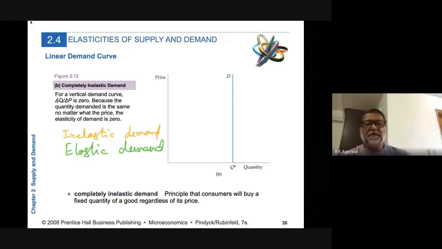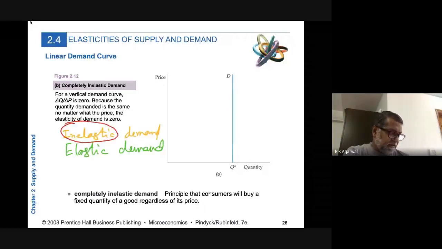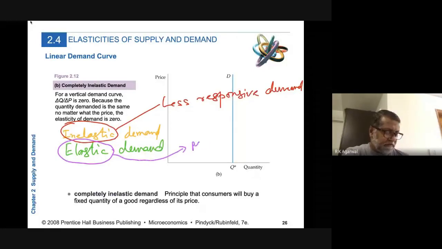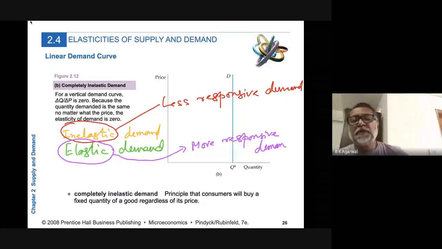What does that mean? So inelastic means less responsive demand. And elastic demand means more responsive demand.